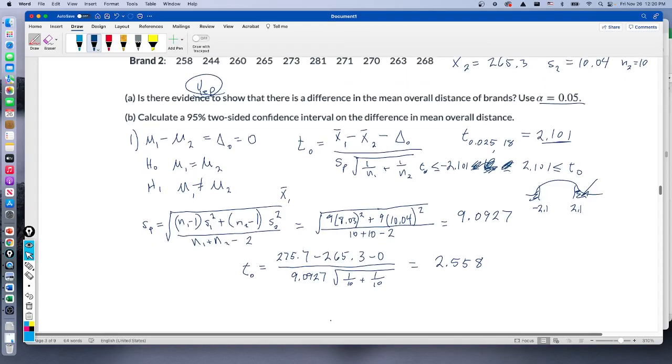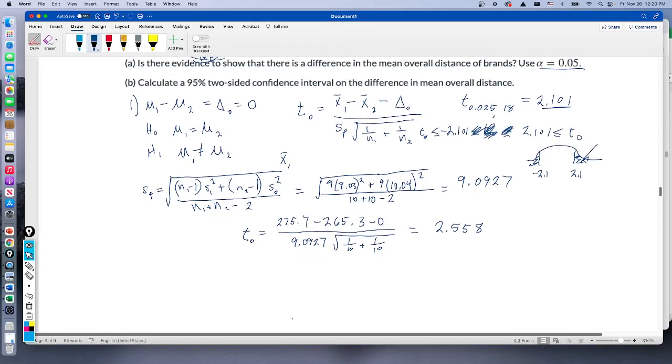Well, let's just do this. For the B part, the confidence interval, we're going to say the difference in the means, x1 minus x2, and again we're going to plus and minus this, the minus on the lower end, plus on the top end.